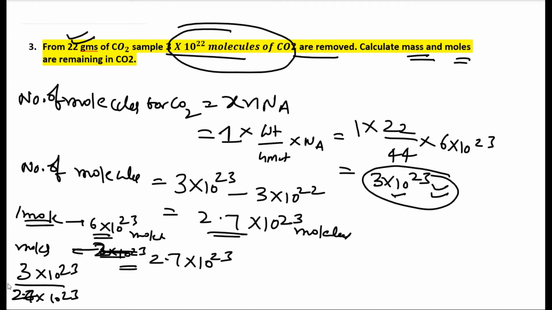Cross multiplication. So I'll rewrite it: 2.7 into 10 to the power of 23 by 6 into 10 power 23. After calculation, you are getting 0.45 moles.